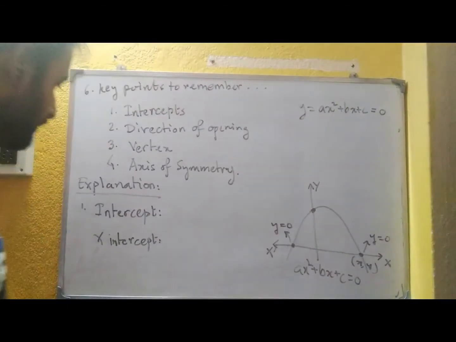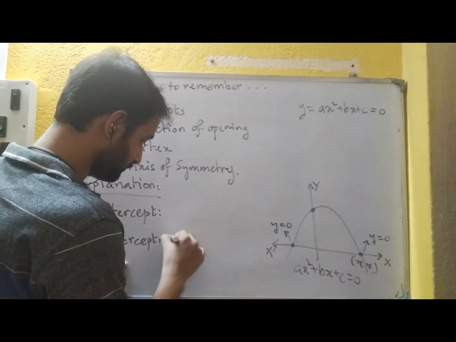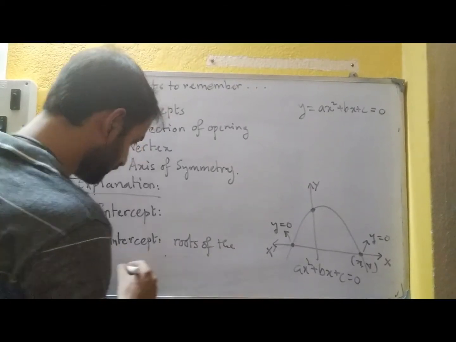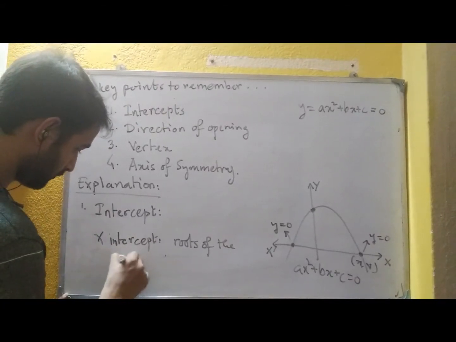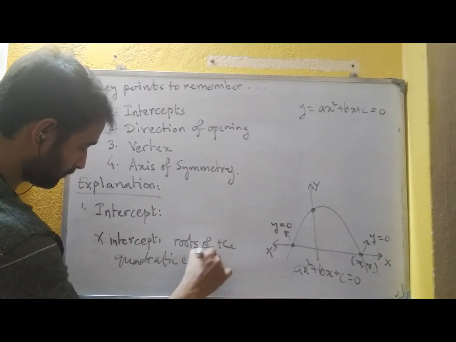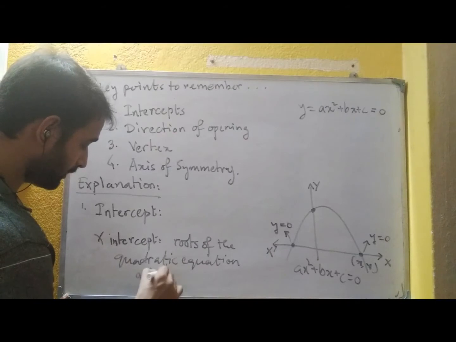So clearly x-intercept means the roots of the quadratic equation ax square plus bx plus c equal to 0.